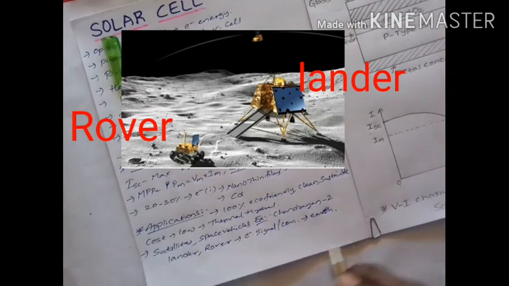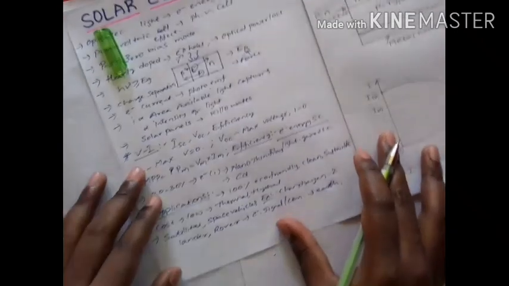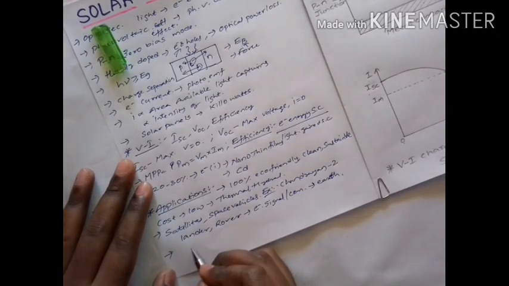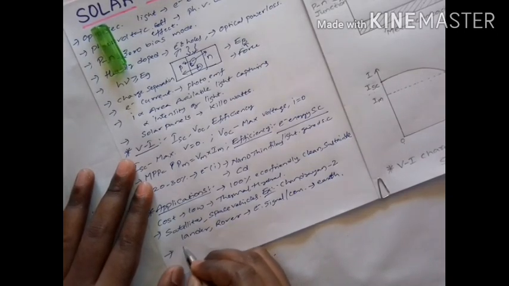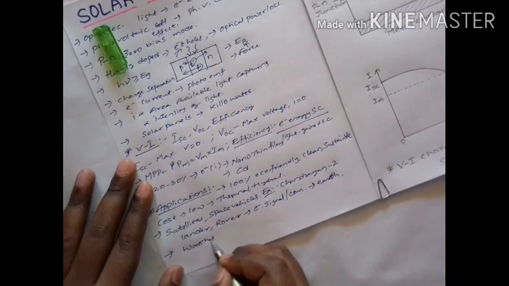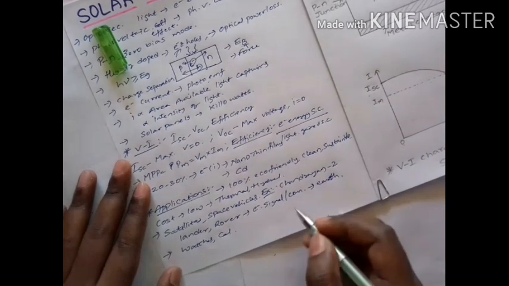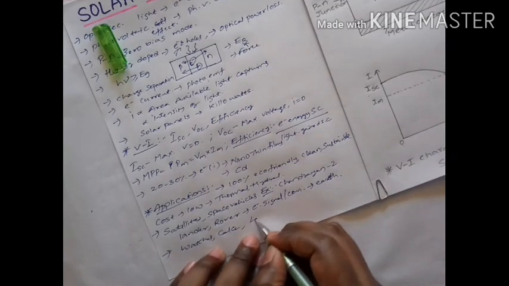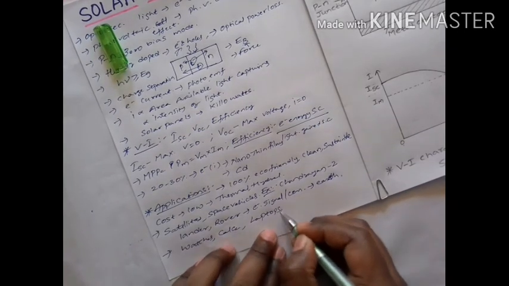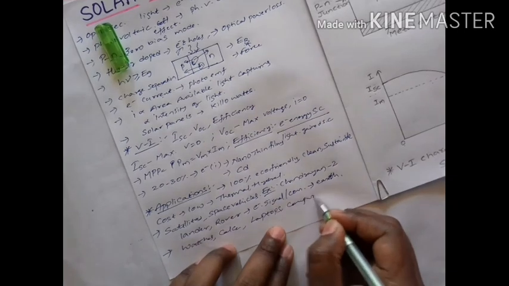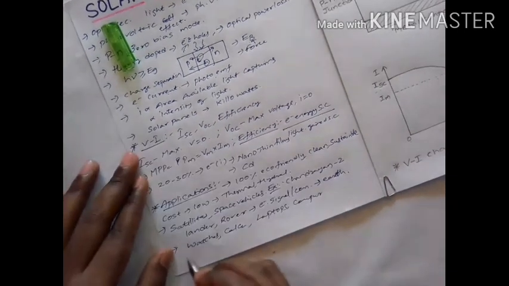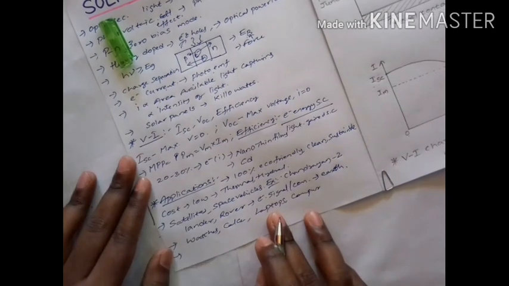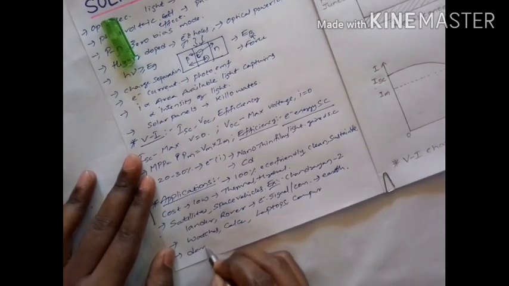So this is one of the good examples of solar cell, and these solar cells are also used in digital watches and calculators. They are also used in electronic devices like laptops and computers. And one more important application of the solar cell is that these solar cells are used for domestic power supply.